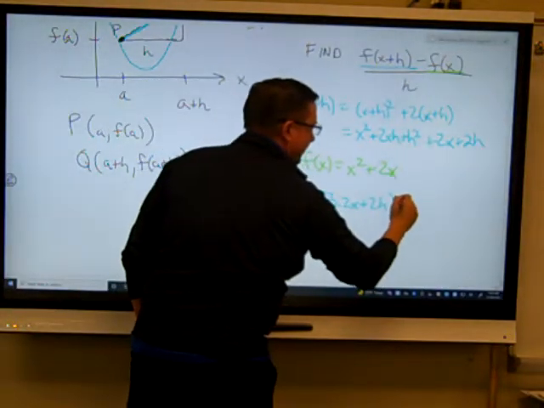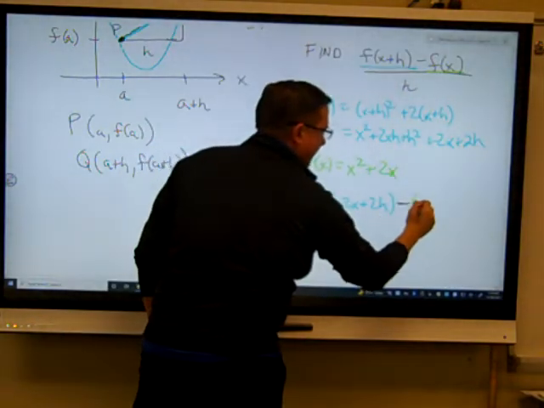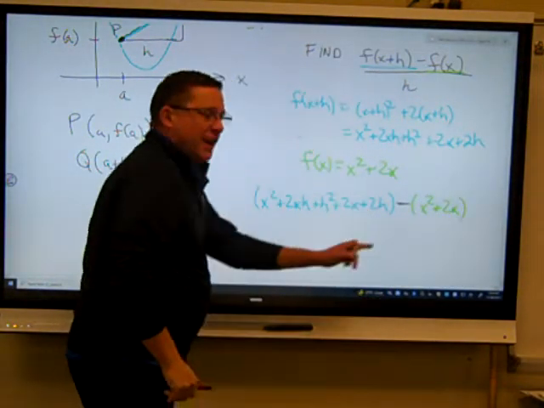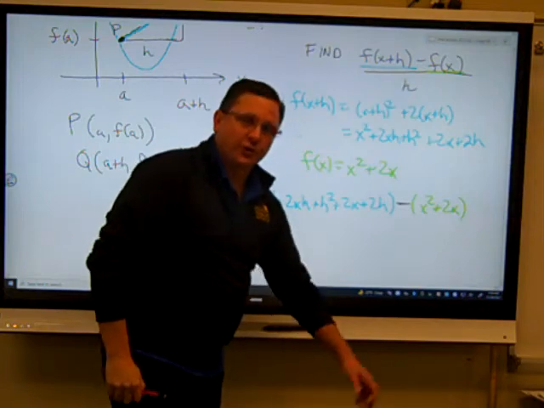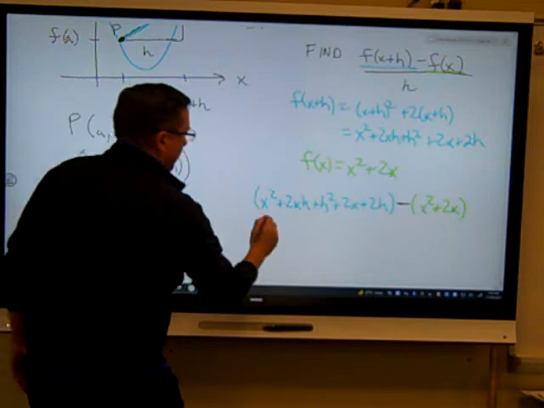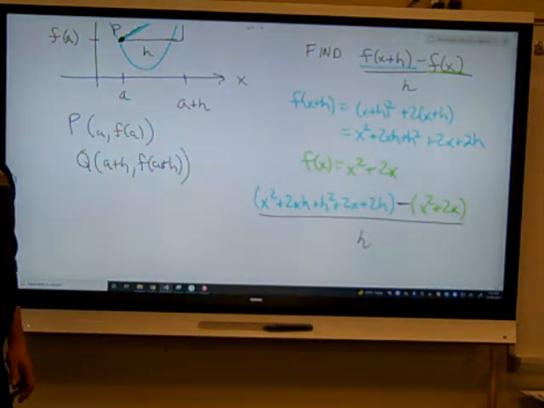So I'm going to subtract f of x. But remember, if you're subtracting f of x and it's in parentheses, the sign's going to change in all the terms. All the terms. And this is all over h. And that's still going to be in black. All right? So that's the problem we have.